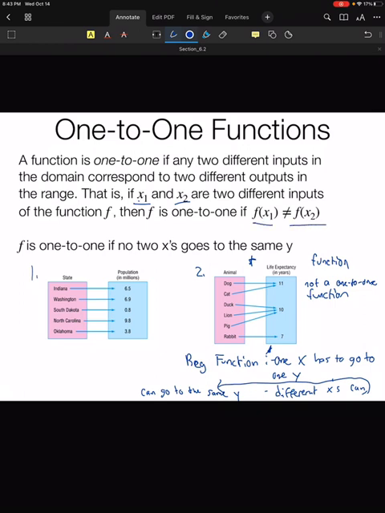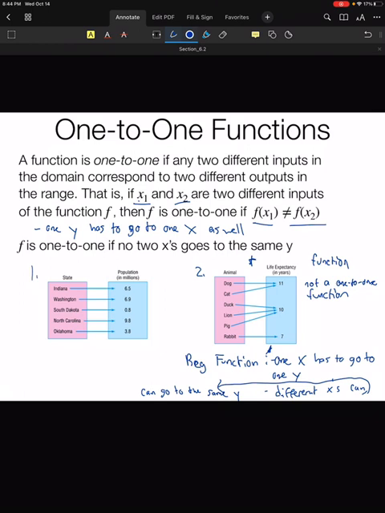A one-to-one function adds that one y has to go to one x as well. So one x goes to one y, just like in a regular function, but that same y can only be related to that one x.